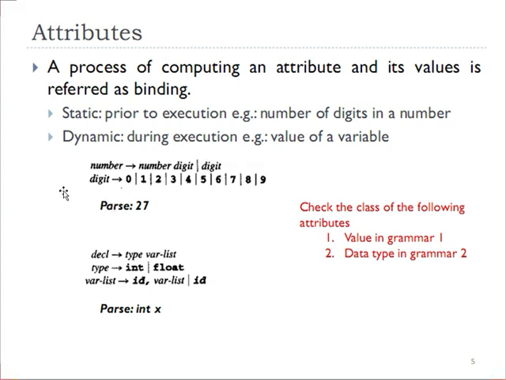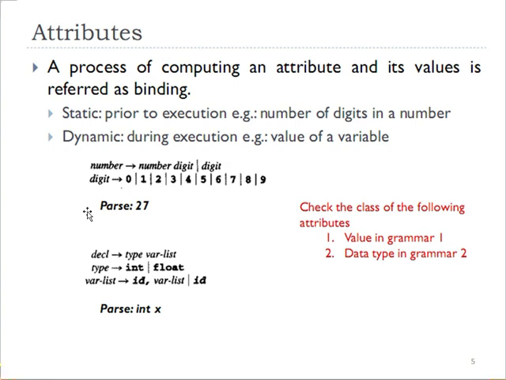So let's consider two grammars here. A grammar having these production rules: number derives number digit or digit, and digit derives 0, 1, 2, 3, 4, 5, 6, 7, 8, 9. Here what you are asked is to parse the number 27.